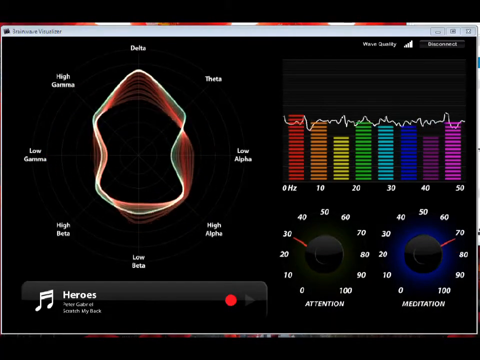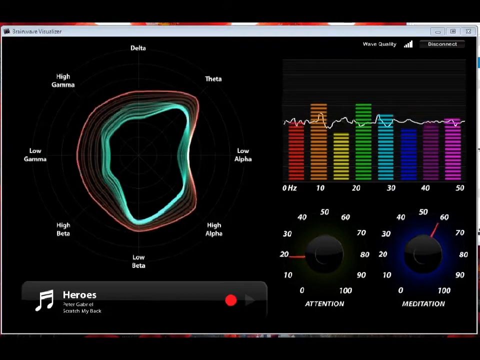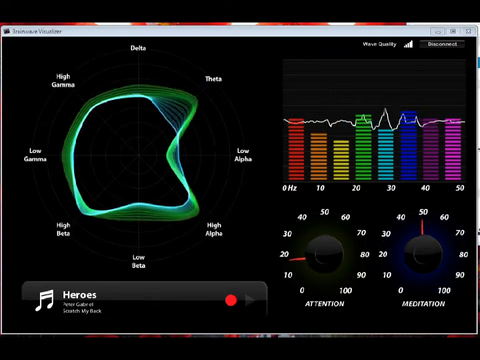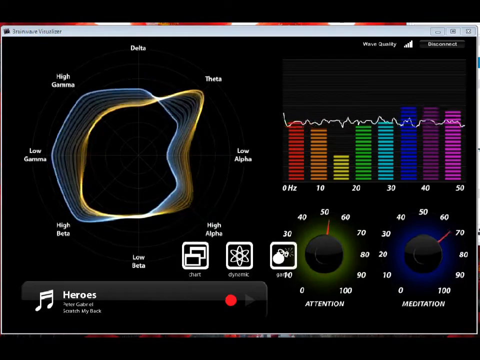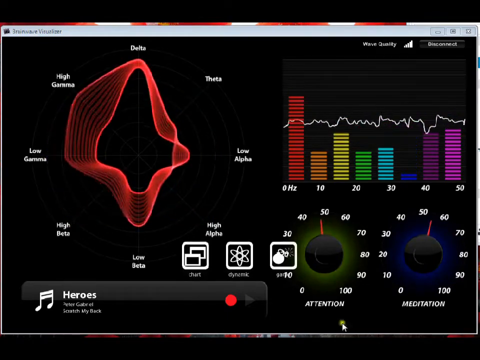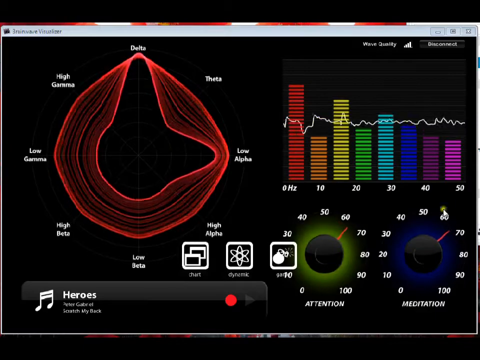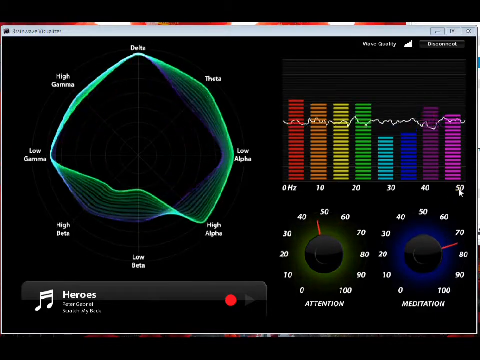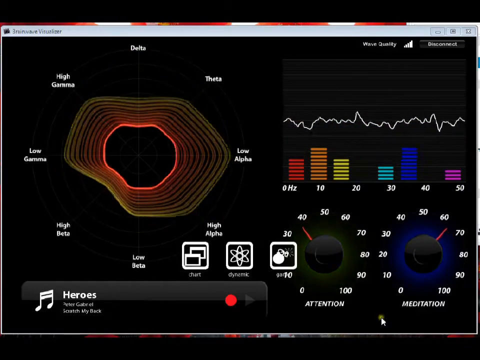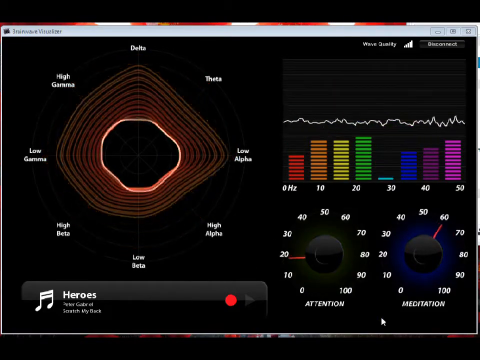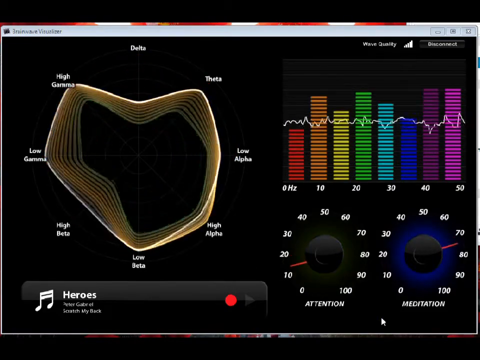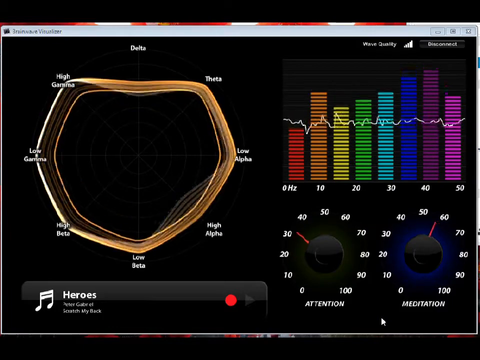Okay, so now what we should be doing is we're recording, and we can see the brain waves here. We have, in essence, all the different waves from 0 hertz up through 50. These represent the gamma, beta, alpha, theta, and delta waves.